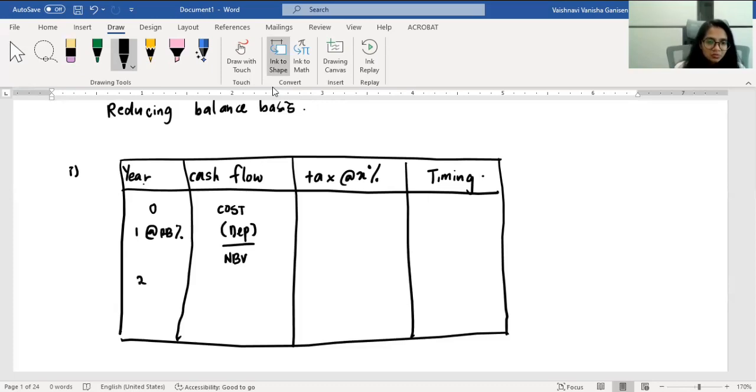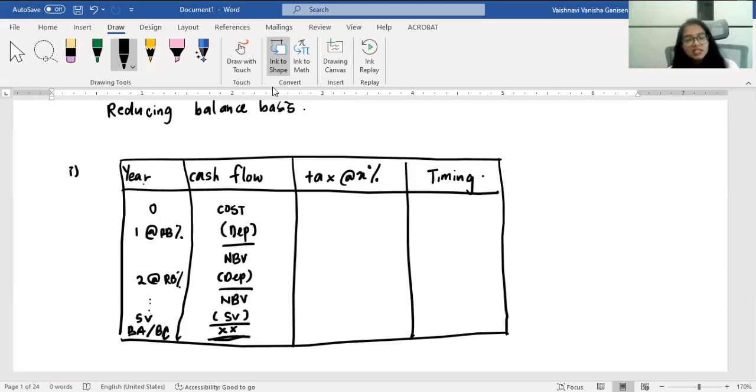Then you less your depreciation again on the reducing balance percentage, and again you get net book value, and then it goes on. In the final year, you minus scrap value because you're selling the machine, and you will be left with an amount which is the balancing allowance or balancing charge.